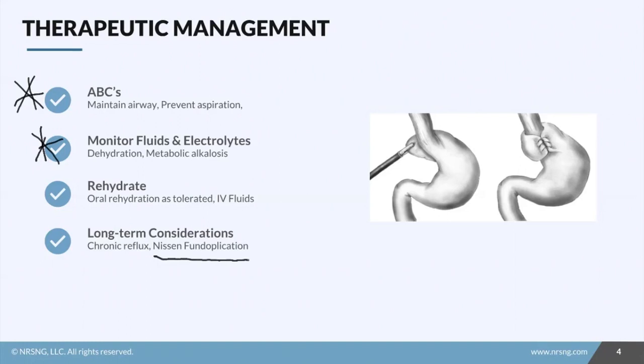What this procedure does, you can see in the photo here, is reinforce the top of the stomach to stop that reflux from coming back up. And this is only used in cases of severe reflux that are associated with those frequent chest infections or also with poor feeding. And if there is poor feeding, you may also see that these patients have a G-tube placed at the same time. And I'm sure you'll come across this during your clinicals because it is a really common procedure for our patients who are living with chronic illnesses.